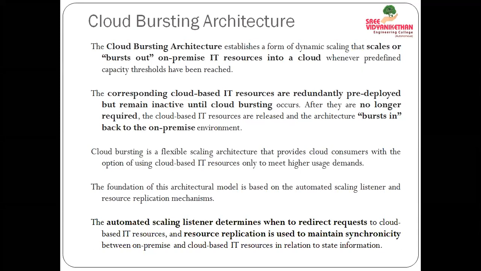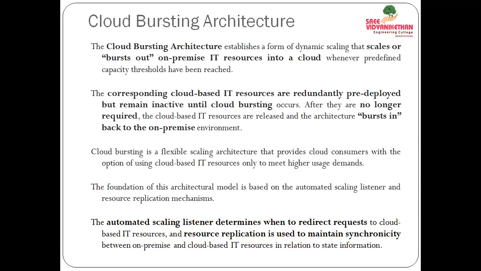Hence, every time, instead of going all the way through the network to the cloud, they can temporarily burst that service instance onto the on-premise network, and the service can be consumed from the on-premise network only. Finally, when the usage is done, they can be bursted back into the off-premise network.